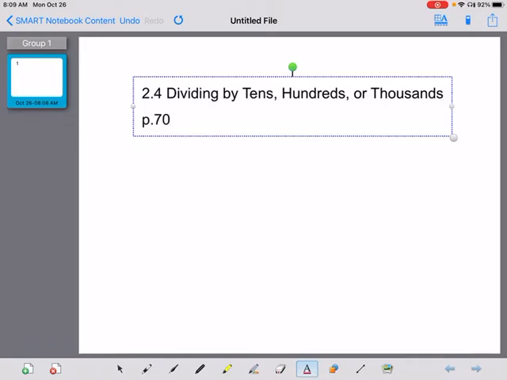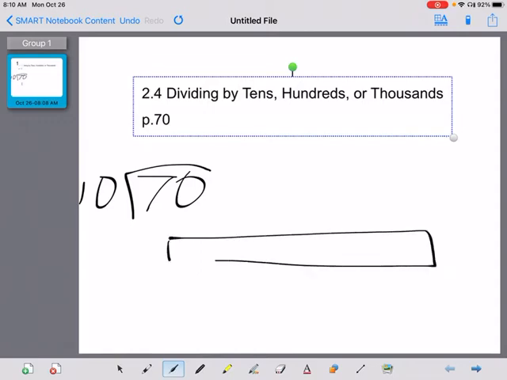So what we're looking at now, if you look on page 70 in your book, it says on the top, looking for patterns when dividing by 70. So you have 70 and you're dividing that by 10. You see there they've got the big box, 1, 2, 3, 4, 5, 6, 7, 8, 9, and then this last one makes 10, and in each of them they have 7.